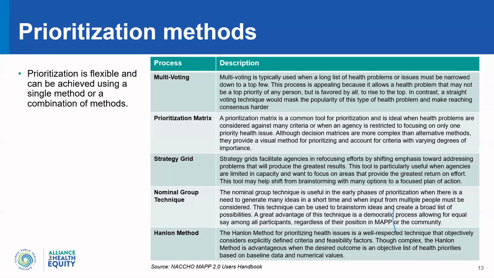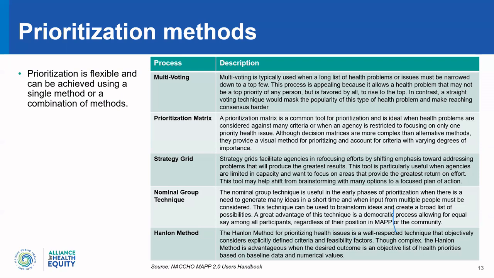The second one we use quite often is the prioritization matrix. These are really good for when you're restricted. You all typically choose 3 to 5 health priorities that you want to address in your implementation plans. And you typically have a lot of criteria around that, right? Like it needs to be financially feasible. You need to have the internal capacity.